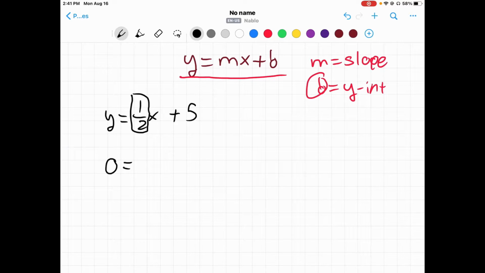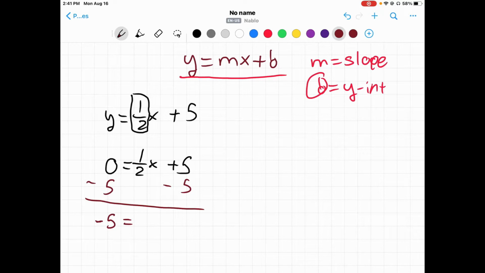So 0 equals 1/2 x plus 5. Now, since we're trying to solve for x, in other words, isolate x, we're going to subtract 5 from both sides. And then we would get -5 equals 1/2 x.